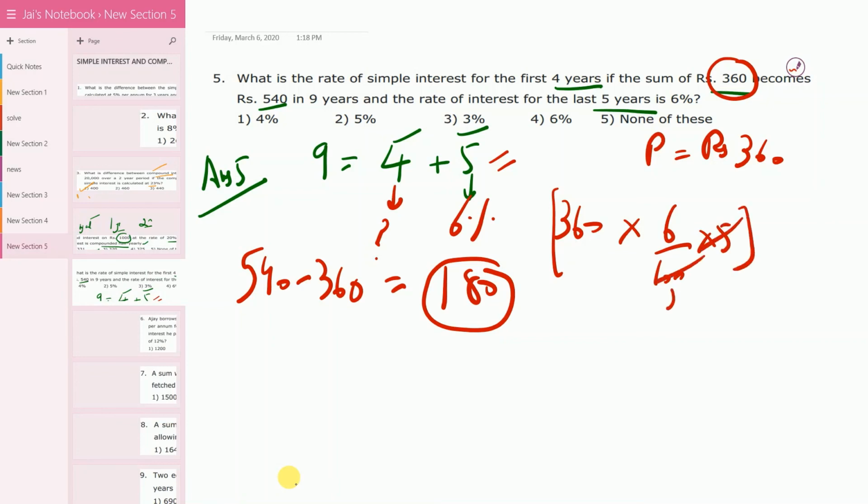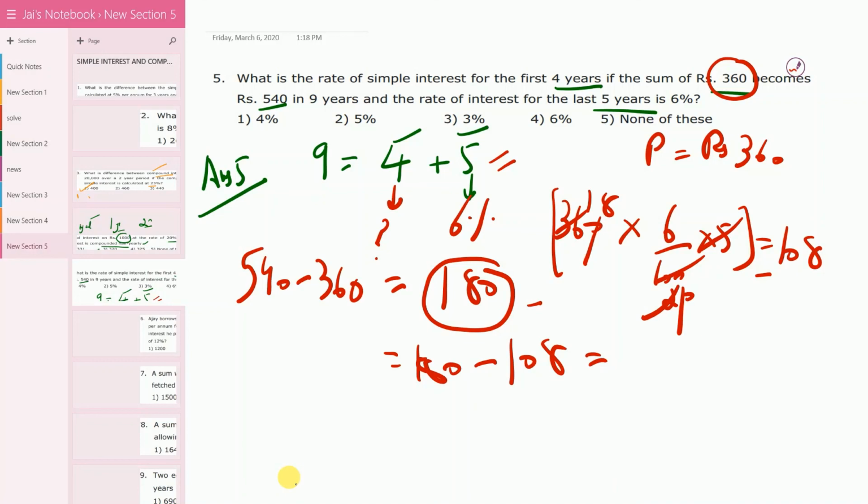So 5 into 6 is 30, this gets cancelled out, and this becomes 18. So this comes out to be rupees 108. As you can clearly see, the difference between these two is 180 minus 108, and that is nothing but 72 rupees.